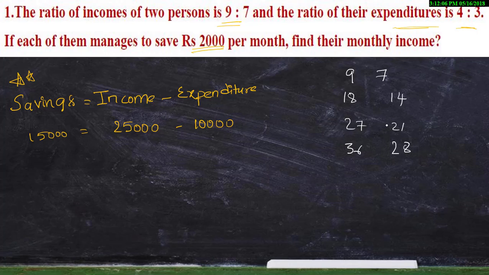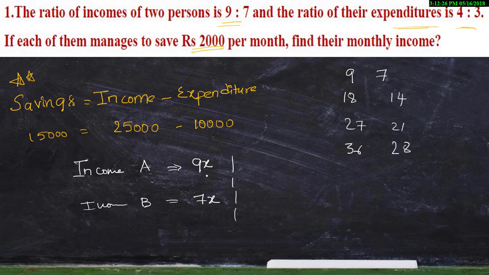So what we will assume is that the income of A will be 9x, and similarly the income of B will be 7x.